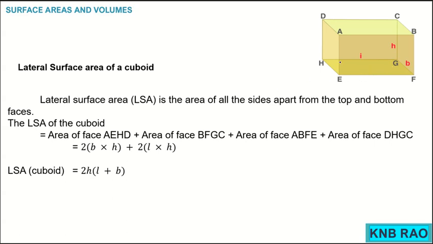Apart from them, the rest are A, E, H, D, this one, next B, F, G, C is the second lateral surface, and A, B, F, E is the front face, and D, H, G, C is the back face. The sum of their areas, the LSA of a cuboid, will be 2 times (L plus B) into H.